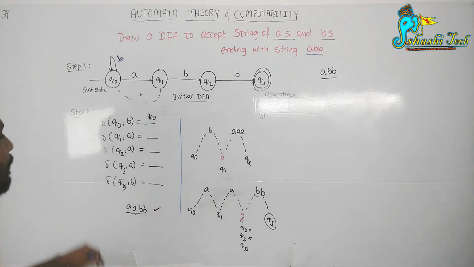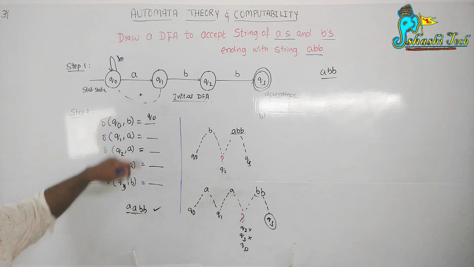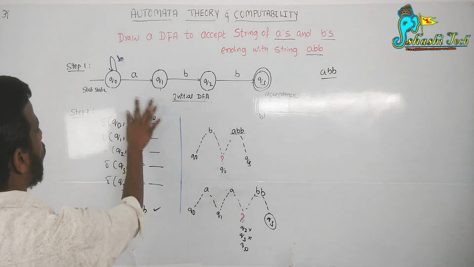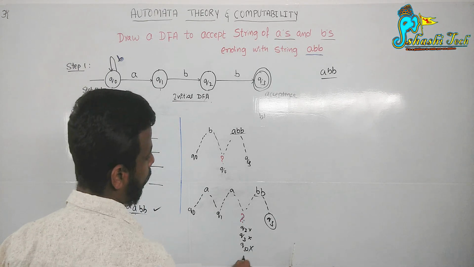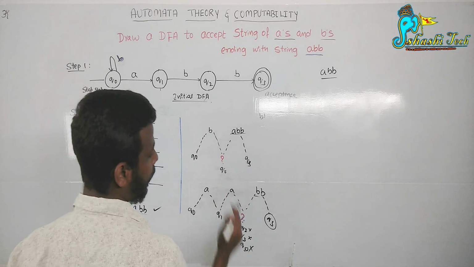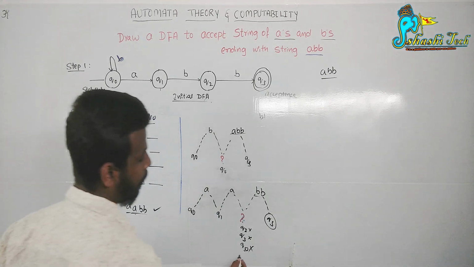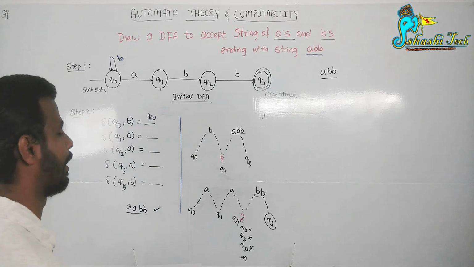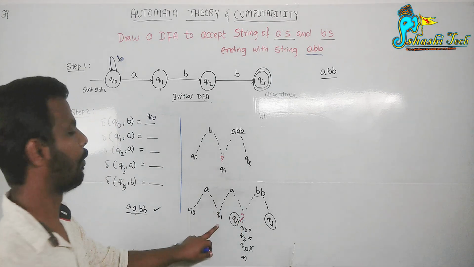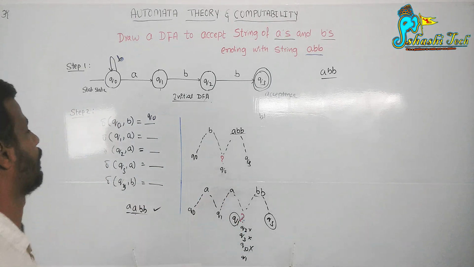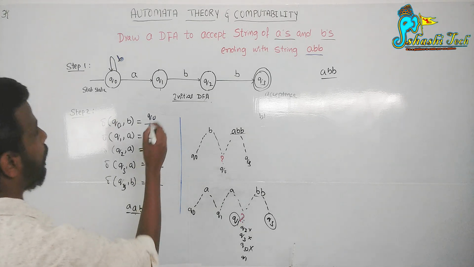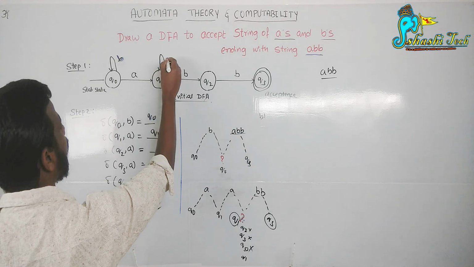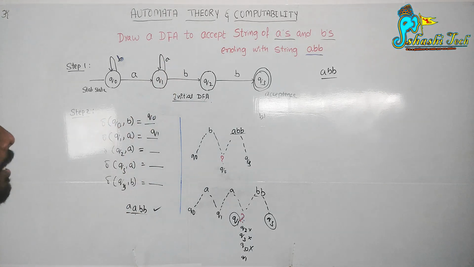For this reason, the particular string is not going to be accepted by the DFA. So we should not write Q0 here. Q0 is not possible. Which one is remaining? Finally, Q1. Q1 upon accepting A is going to reach the Q1 state only.